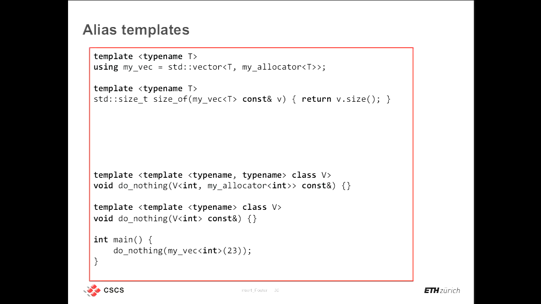This guy expects a class with a single template argument, and it's simply never picked up, because my vec does not have a single template argument. My vector is an alias for this guy which has two template arguments.